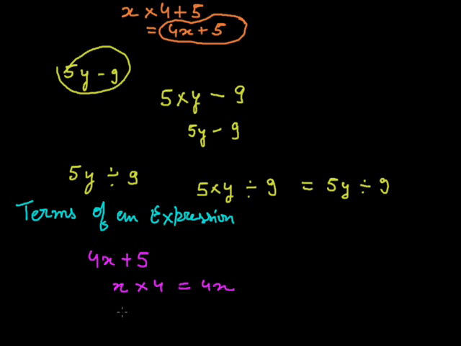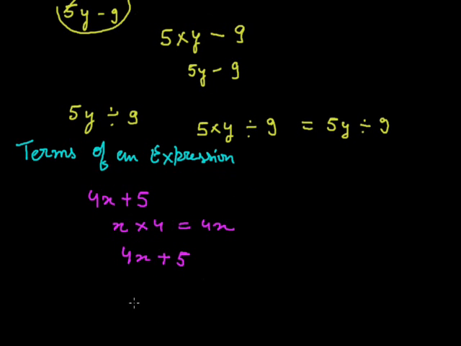Then we added 5 to 4x. That is this second term. We have first obtained the first term, that is 4x. Then we added one more term, 5, to this term. Thus, in this expression, we have two terms. First one is 4x and the second term is 5.